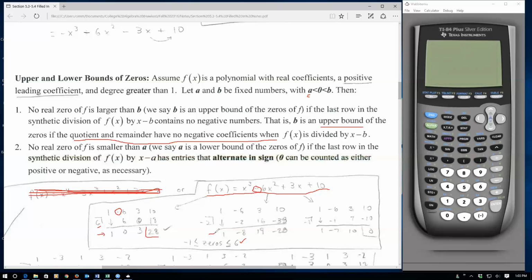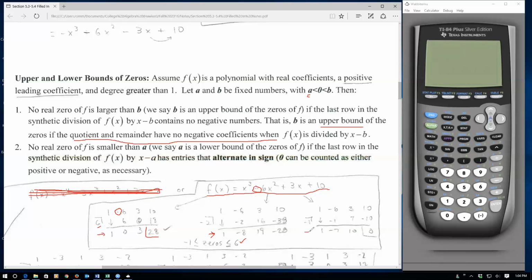So notice this is a lower bound on the zeros, but there might be a better estimate. So let's go ahead and try -1. That's the trick I play: I try to get closer and closer to 0. If I try -1, I bring down 1, multiply, I get -1, add, -7, multiply, I get 7, add, I get 10, multiply, I get -10, and I get 0.